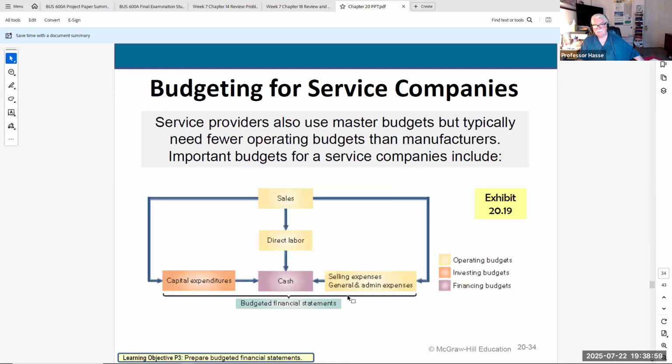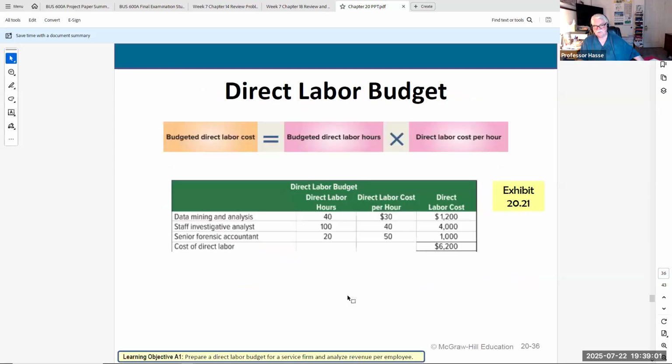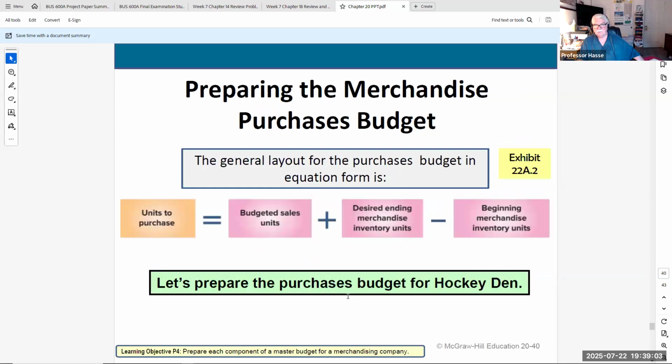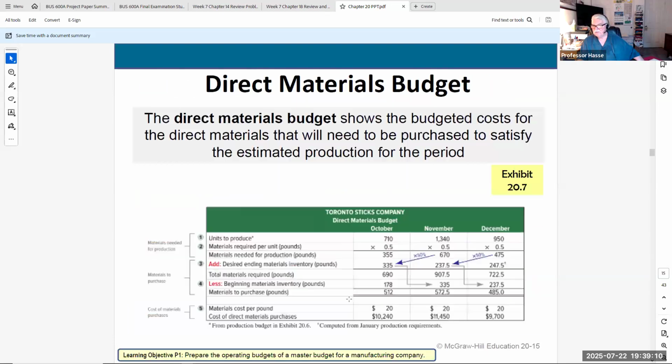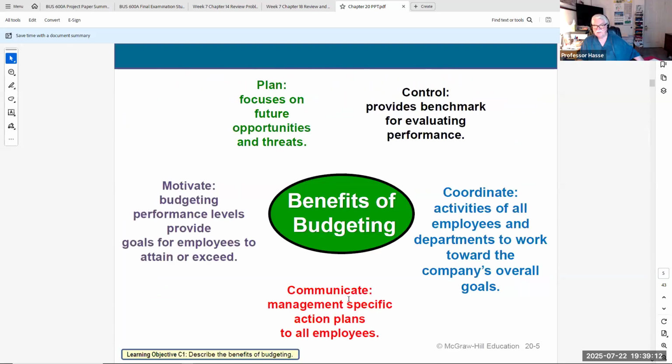And it goes on to talk about budgeted financial statements and all that sort of thing. But the key thing that we need to get around with is, are we planning our business efficiently? Are we looking for those strategies of control, coordination, communicating with our departments and our employees, and motivating our departments to stick to their budgets? A lot of companies, if you're over budget for 2 or 3 quarters in a row, they'll fire you.